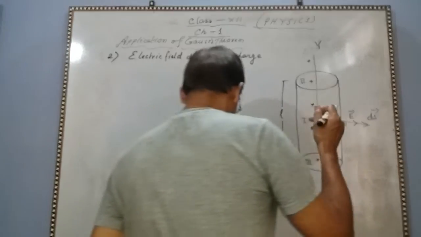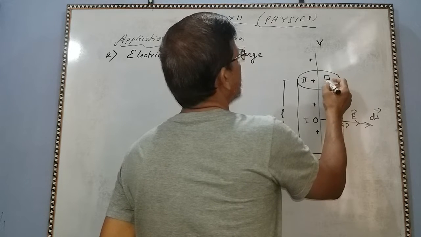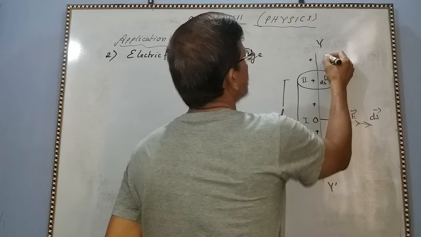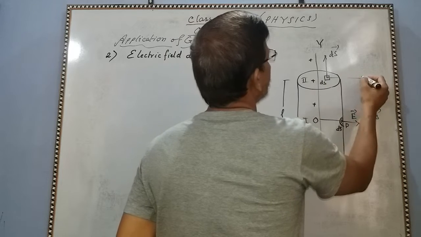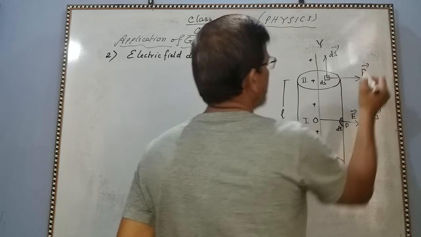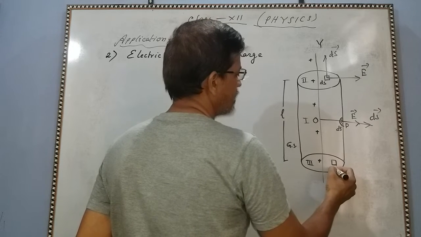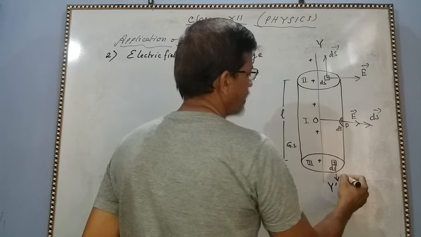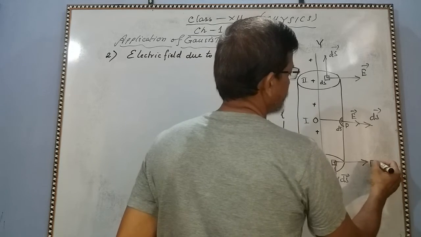We take another surface, say here an elementary portion ds. So the ds vector will be perpendicular to the surface, and the electric field is in the same direction. Here also we have taken an elementary portion ds. The area vector will be in this direction, and the electric field is in this direction.